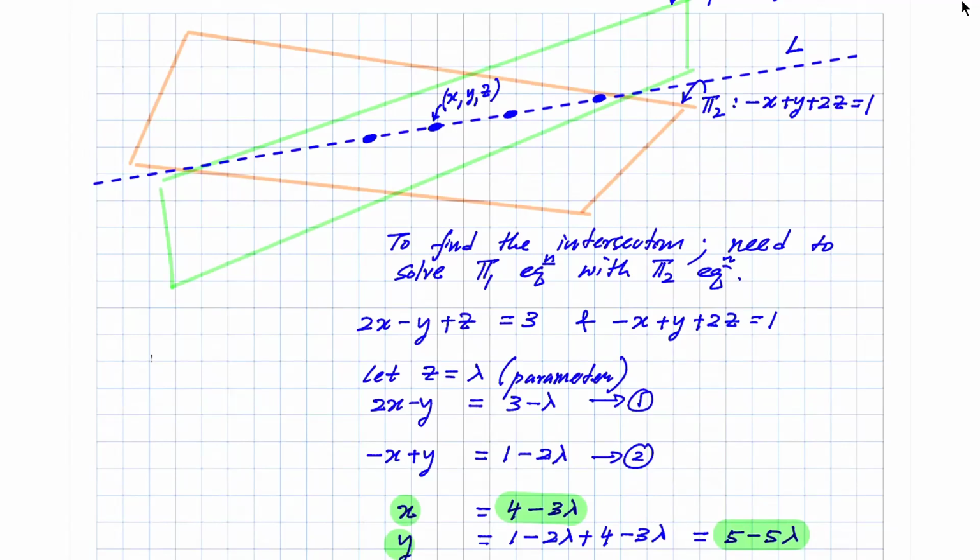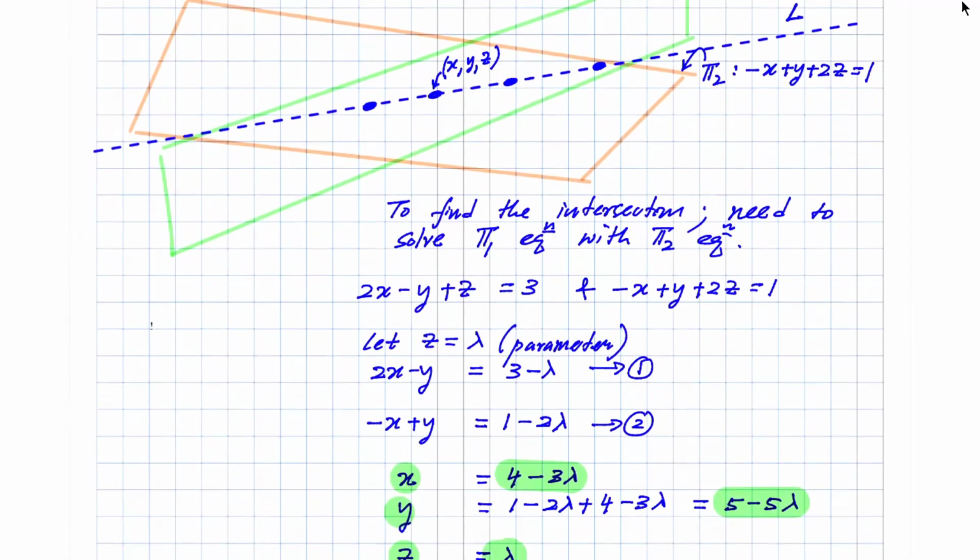So that makes sense. The reason is z, x and y are in terms of a parameter. When you change the parameter, this point becomes that point, and that point becomes another point. So you can make an unlimited number of points, coordinates on the line, using this lambda parameter. So that's the logic.